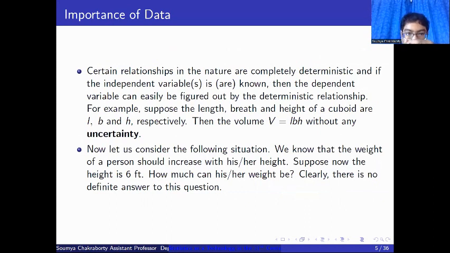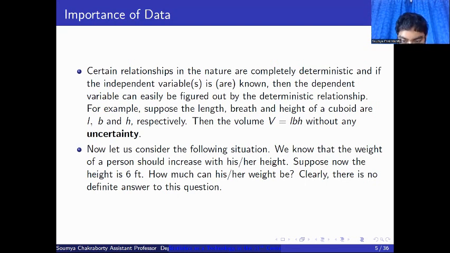Next, let us study what is the importance of data, why we need data. This is actually the motivation of the subject statistics. For example, I want to go through a certain example based on a data set. Suppose the data set is about height and weight of a group of people, say n number of people, n may be equal to 100, 1000, anything, or maybe 50.